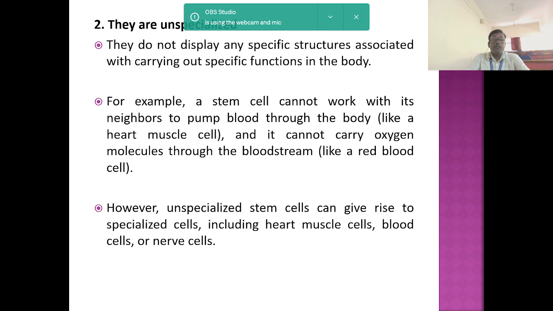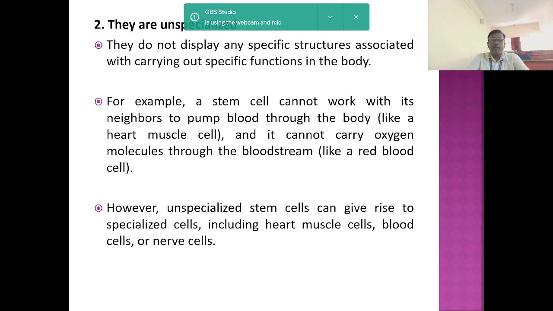Now the other property is unspecialized cells. Unspecialized cells do not show any specific structures and do not have any specific functions. Examples of specialized cells are red blood cells and heart muscle cells.